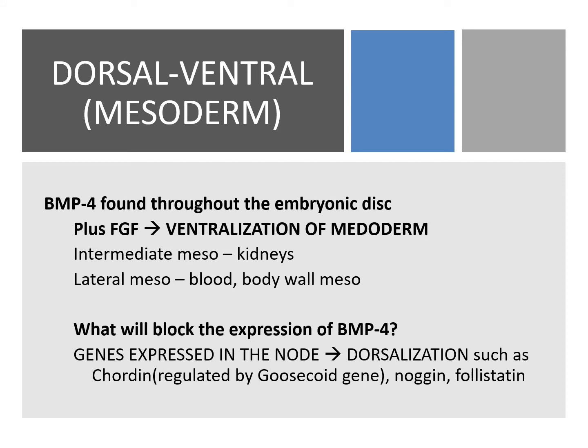Genes, for example, like chordin, noggin, and follistatin would antagonize the activity of BMP4. As a result, the cranial mesoderm is dorsalized to form the notochord, the somites, and the somitomeres. Later, these three genes would be expressed in the notochord and will become important in neural induction in the cranial region.